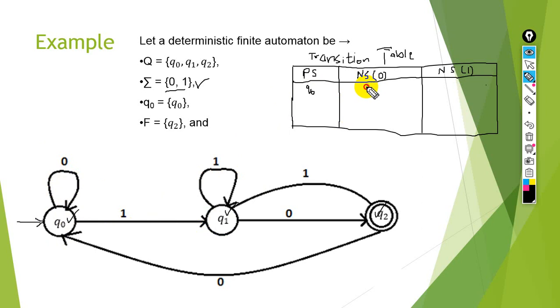So the next state for Q0 on 0 is also Q0, which means here we have a loop. The next state for 1 from Q0 is Q1.